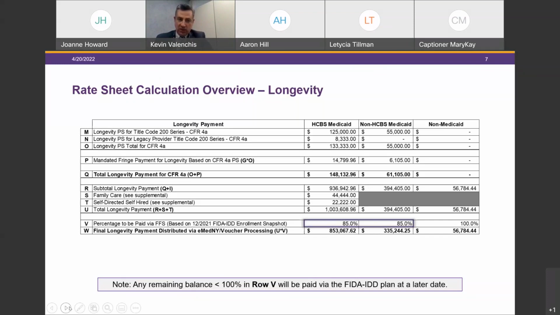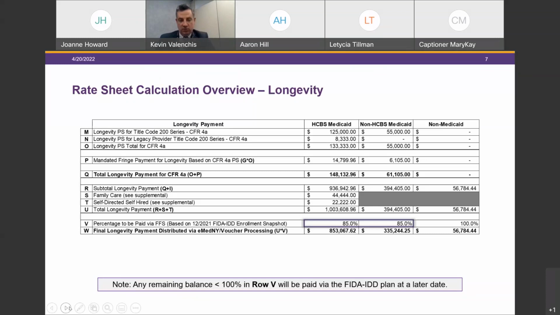Those wage rates may be slightly different because we are using the legacy provider's dollars when calculating the payment and building up. That adds into a longevity PS total for the CFR 4A, the contracted staff, of $133,333 in this example for a waiver, and about $55,000 in the state plan column.